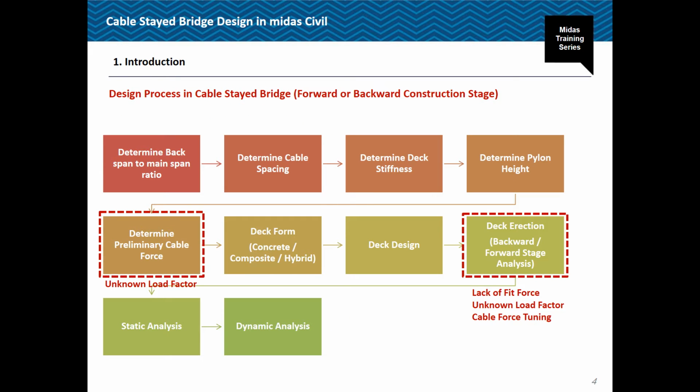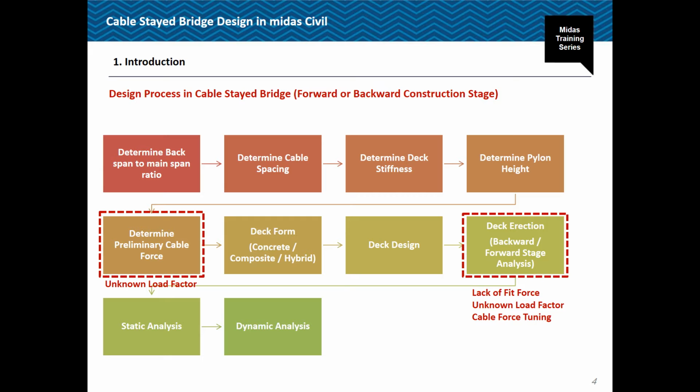If we want to discuss how the design process of a cable stayed bridge is developed, we can summarize it in 10 steps, which start from determining the backspan to mainspan ratio, then the cable spacing, followed by the deck stiffness and the pylon height. Then we can proceed determining the preliminary cable stay force, identifying what's the best deck form, and doing the deck design.